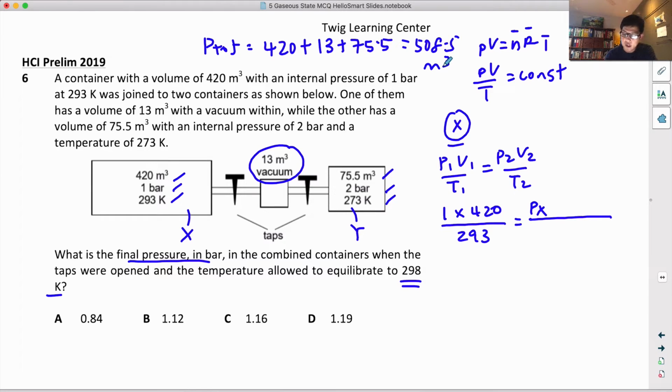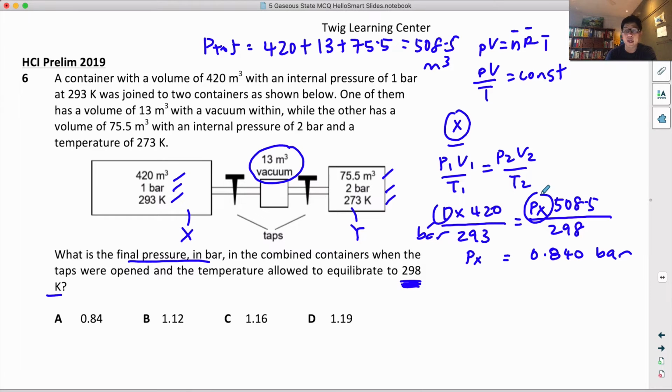So gas X can now move throughout this whole setup, and the temperature now is 298. If you do the math, you get 0.840 bar, since the initial pressure was in bar.